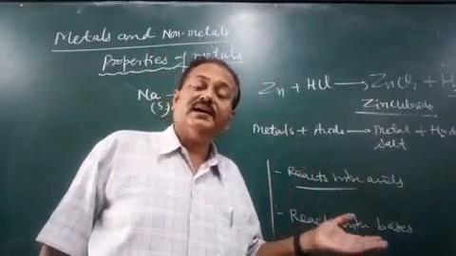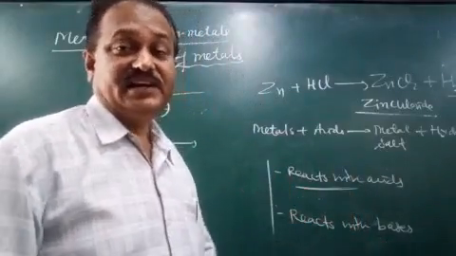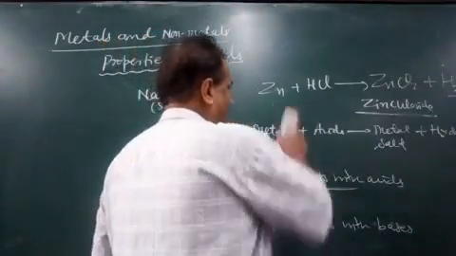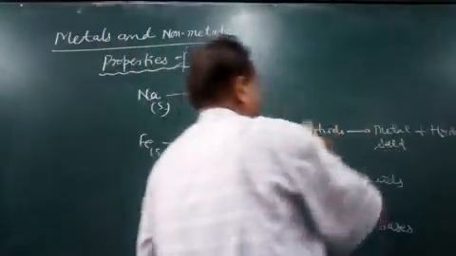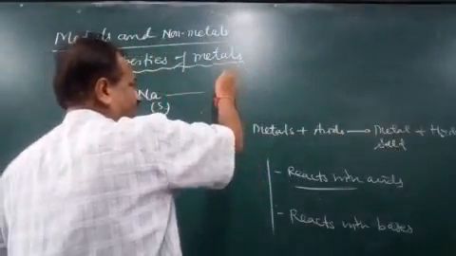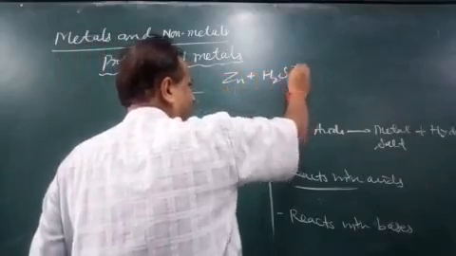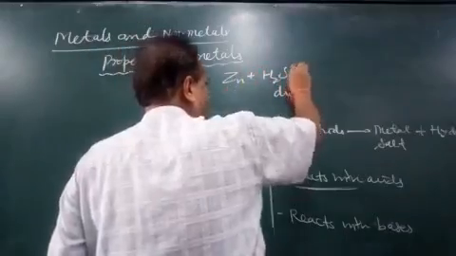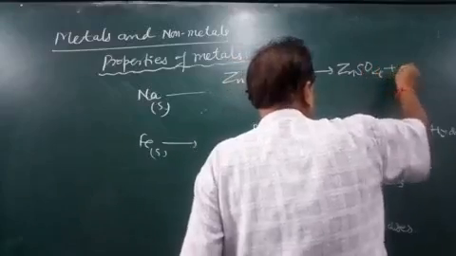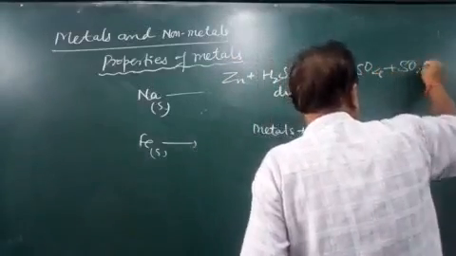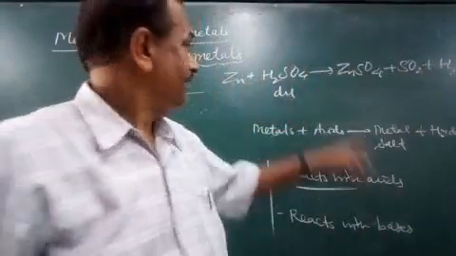If you take other acids like sulfuric acid or nitric acid, different products are formed. Like if you take zinc and H2SO4, let it be dilute, there is formation of ZnSO4 plus SO2 plus H2O. Now see the change.